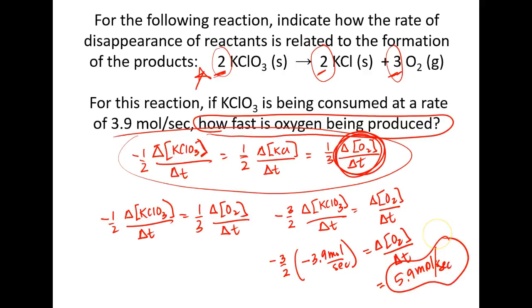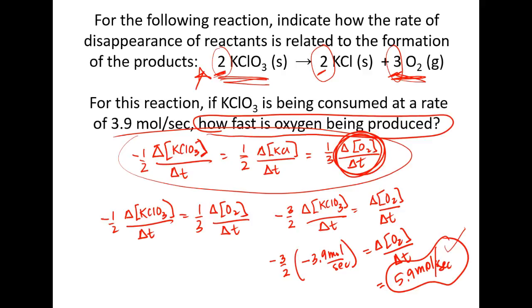And if we think about what we were saying about the coefficients, the fact that oxygen has a larger coefficient than KClO3 means it should appear at a faster rate than the rate at which KClO3 disappears. And since KClO3 was 3.9 moles per second and oxygen is 5.9 moles per second, that supports the idea of looking at the coefficients.